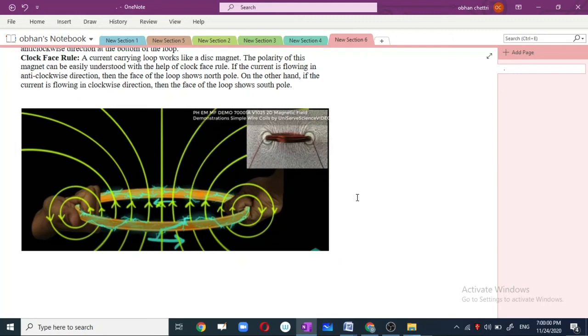The direction of the current is shown by the direction of the thumb, and the curl of the fingers is the direction of the magnetic field, which is anti-clockwise on the left hand side and clockwise on the right hand side.